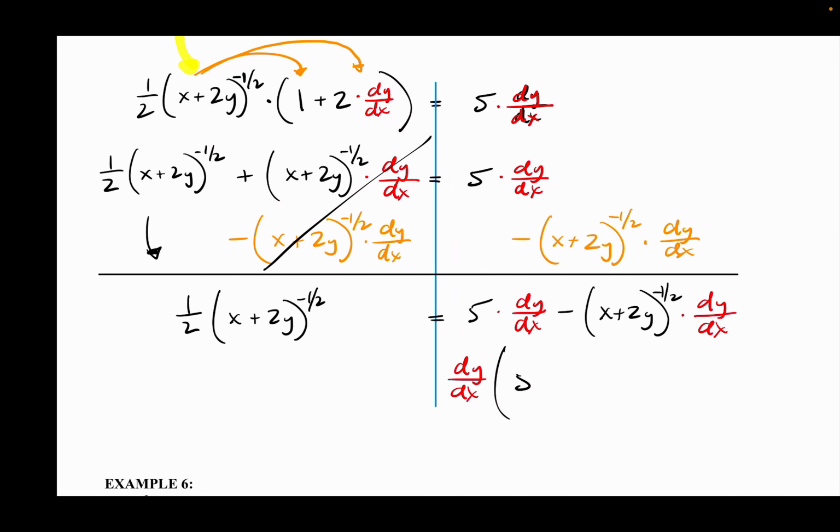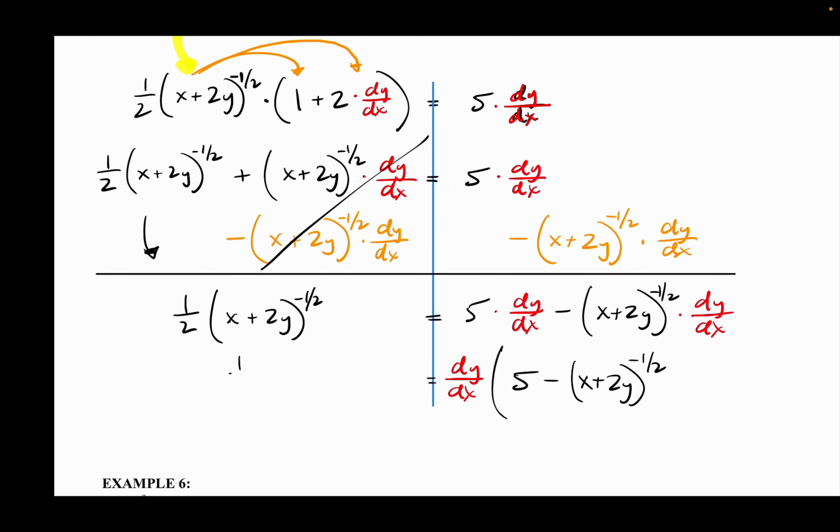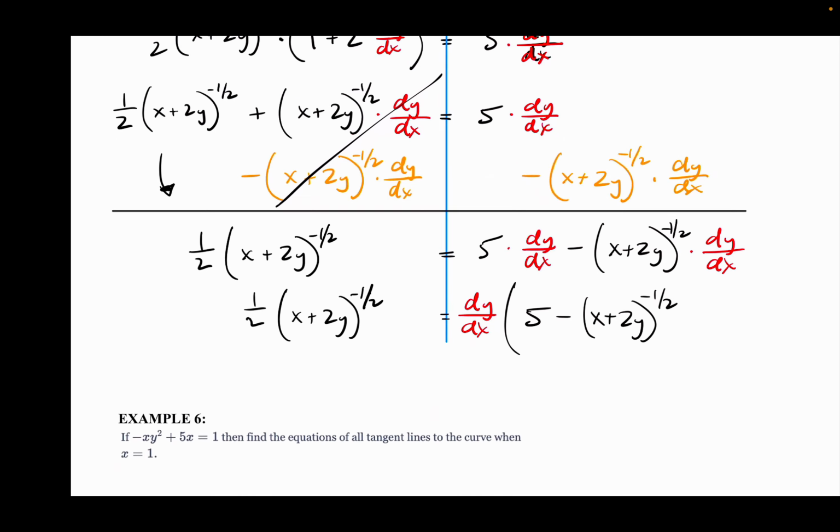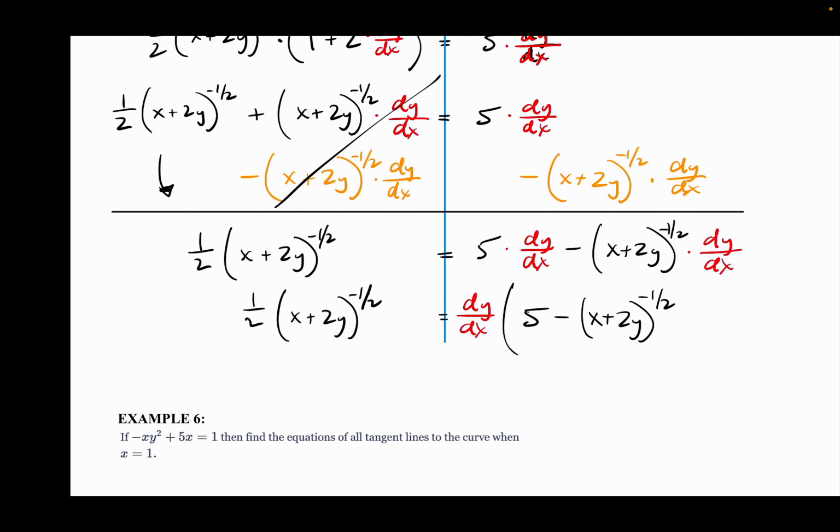So that would be 5 minus x plus 2y to the negative 1/2. Divide by what I don't want to stay. I want dy dx to stay. I don't want anything else to stay.